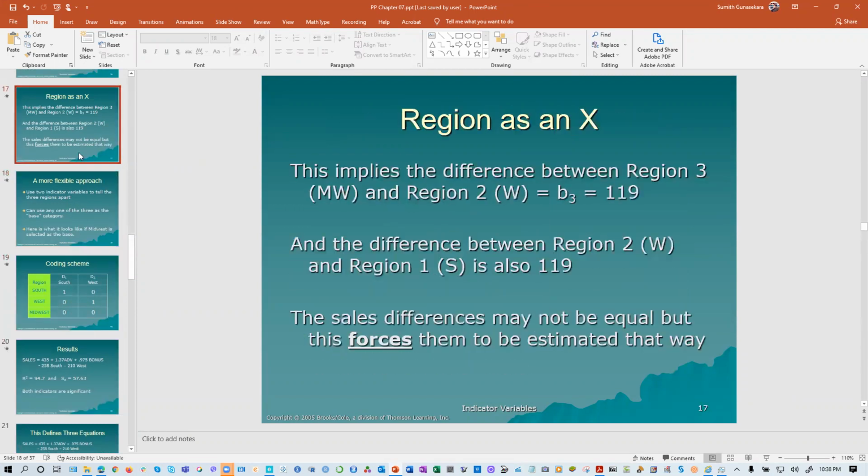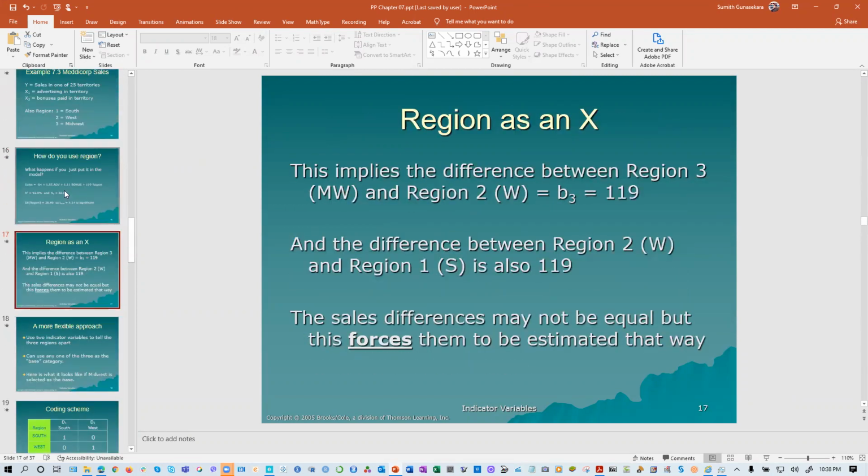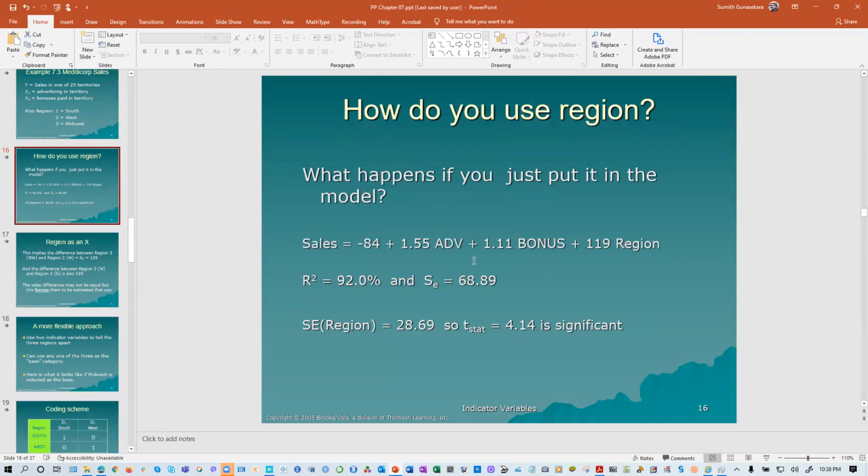Let's say, how could you know the sales for a certain region from this one? How do you know the sales for a certain region? What are you going to do if you really need the sales for a certain region? Let's say South region sales, Midwest region sales, and West region sales.